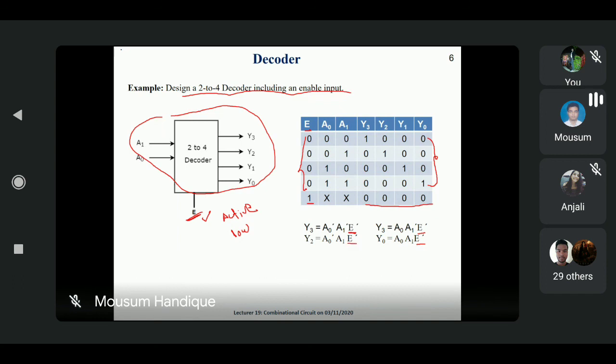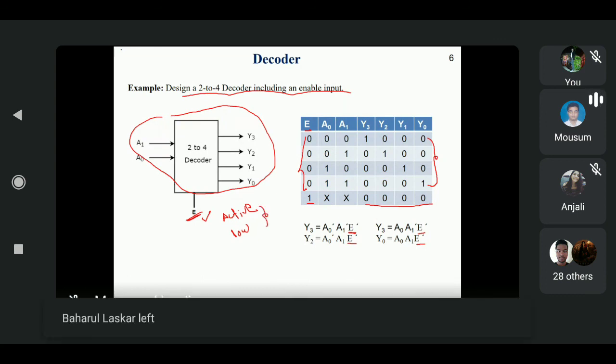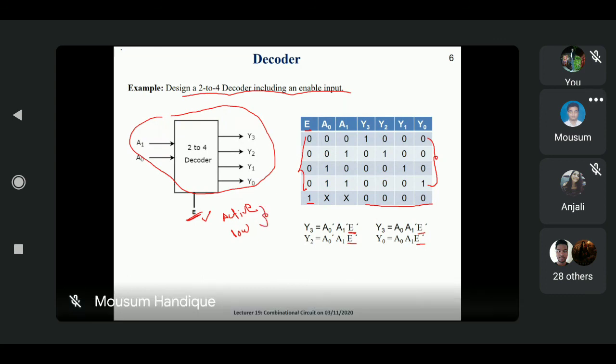You can also use 1 here, and then in the circuit diagram we do not need any NOT gate; we can use it directly. So that is the representation. Are you getting this? Any doubt? No, sir.